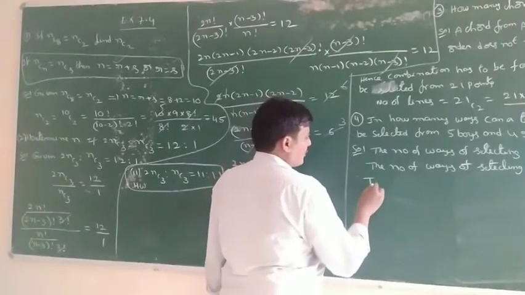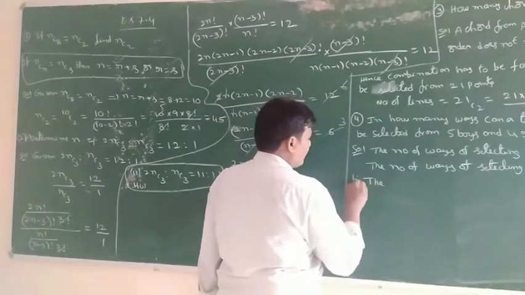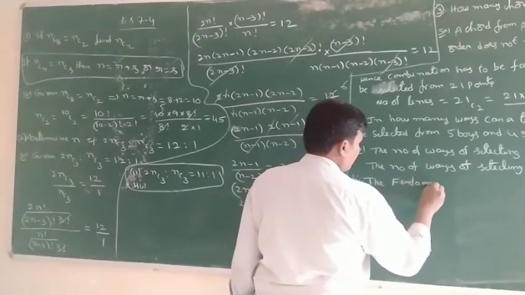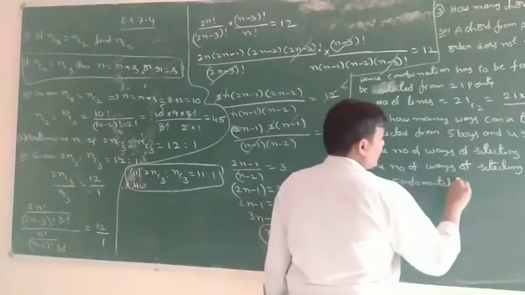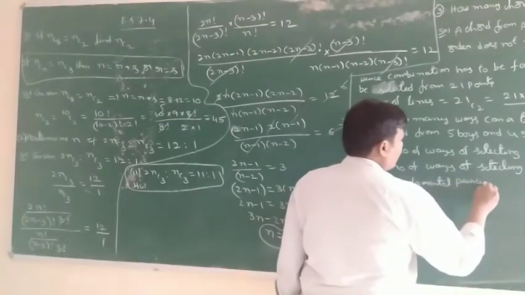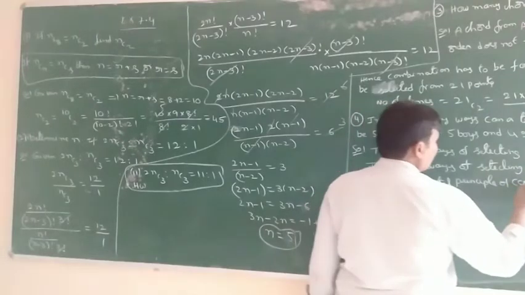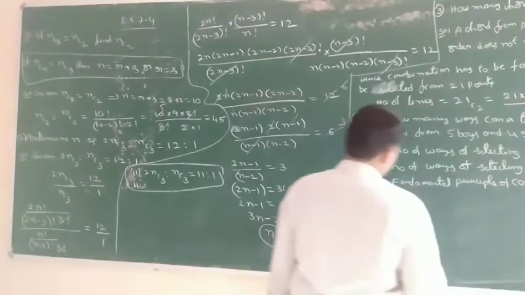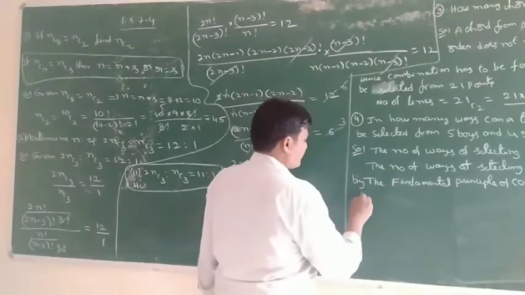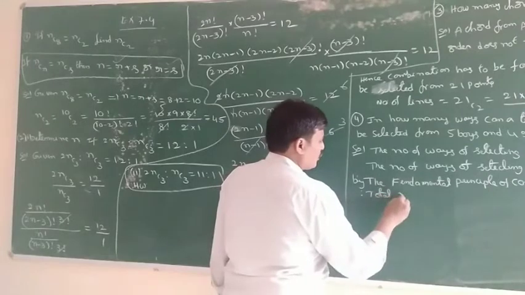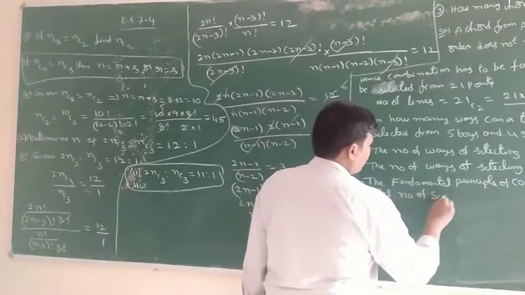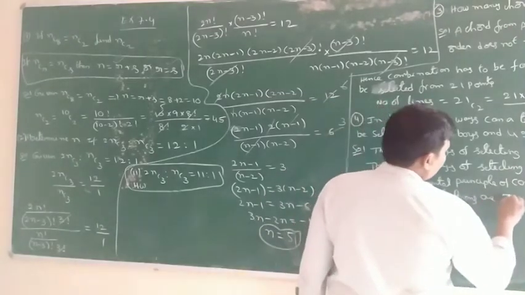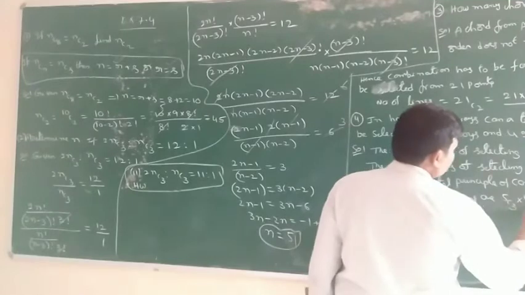By the fundamental principle of counting, the total number of selections is 5C3 into 4C3.